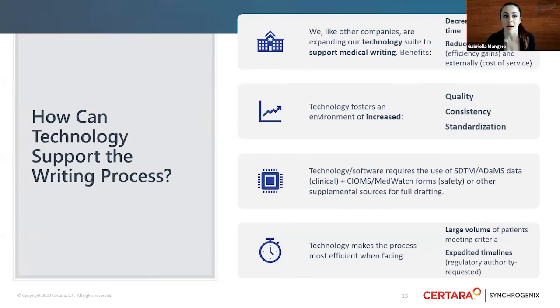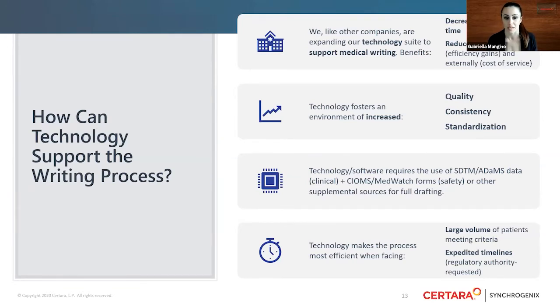So just to recap, how can technology support the writing process? Just to speak more generally, Synchrogenix, like many other companies, is expanding our technology suite to support medical writing. Technology is the future, and there are so many benefits that can come out of utilizing tech to our advantage. The big benefits include decreases in production time.